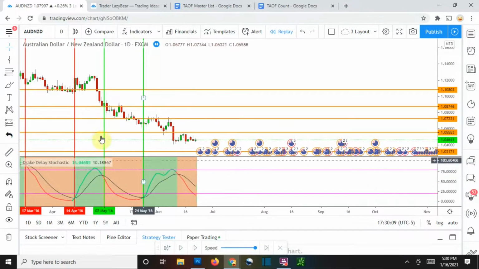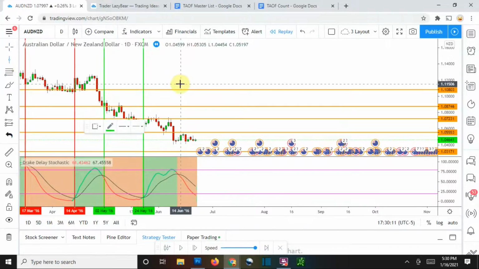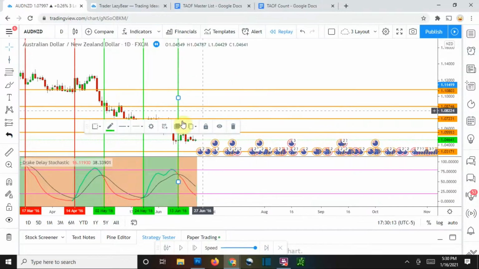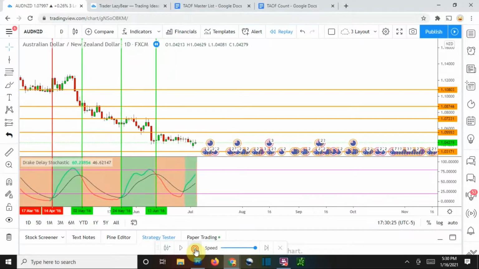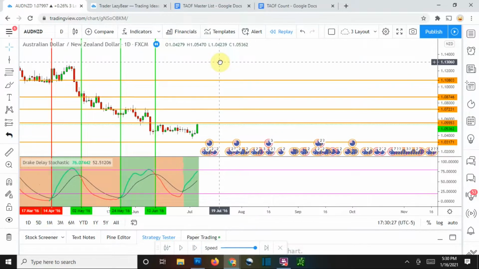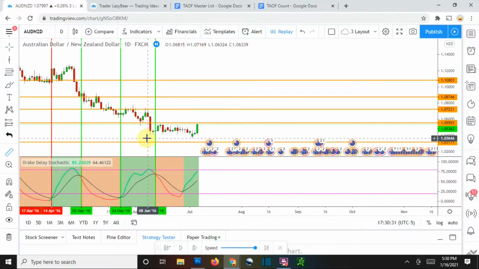We get a break of the upper band right there for just a moment, and then a signal to go short. Looks like we are still within our stop parameter. Let's go ahead and play this out a little bit more. We are short, so we are looking for, yep, looks like we eventually get there.